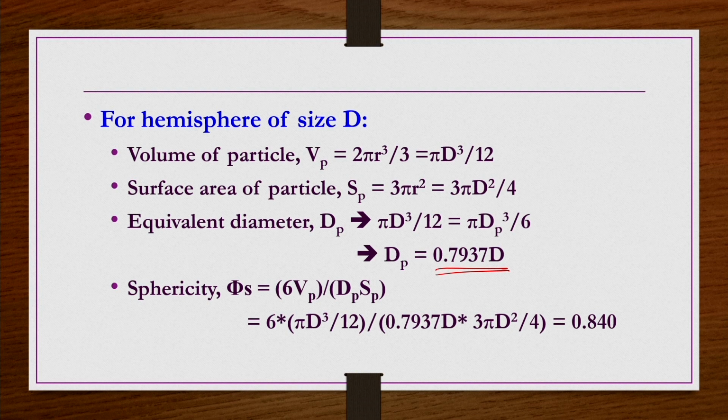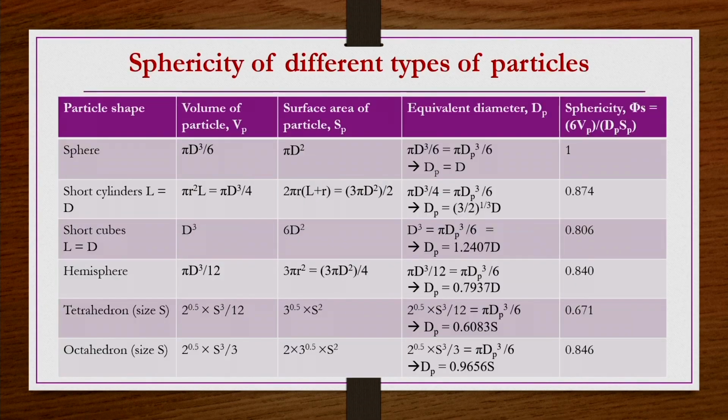Likewise, for any kind of particle you can find out the volume of the particle, the surface area of the particle, and the nominal equivalent diameter of the particle. Then you can find out the sphericity. So, some materials that we have done: spheres, short cylinders, cubes, hemisphere. For a tetrahedron also, the volume of the particle is given, the surface area of the particle is given, and dp you can calculate as 0.6083 s.